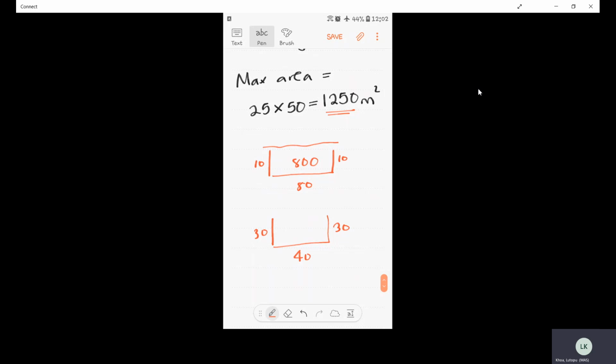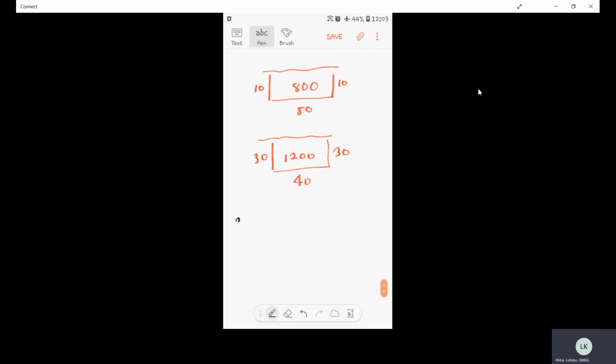If you work this out, you get 1,200. Okay, which again is less than that. So you will not get an area that is bigger than that one, no matter how hard you try. So that is why that is the maximum area.